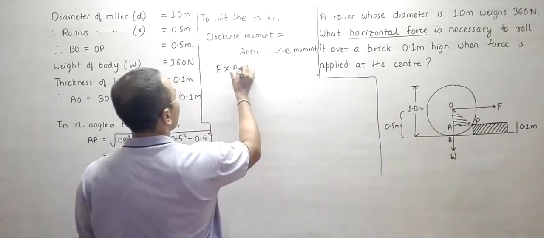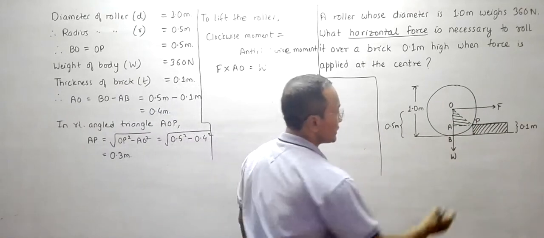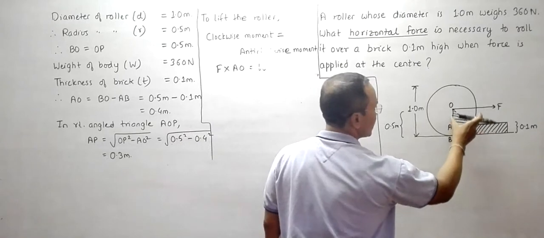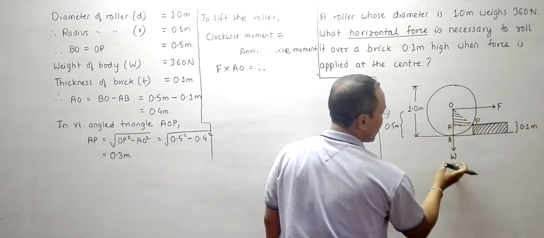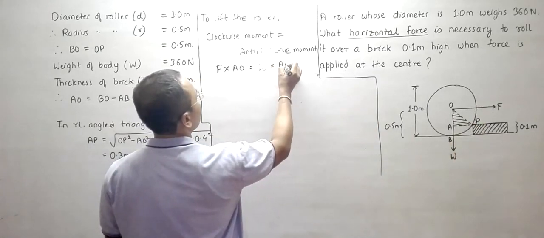So F into AO should be equal to W. Since this is the fulcrum here, this is the perpendicular distance of this force W from the fulcrum. So that's equal to W into AP.